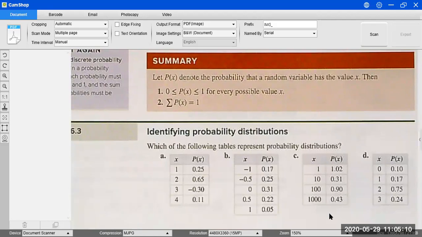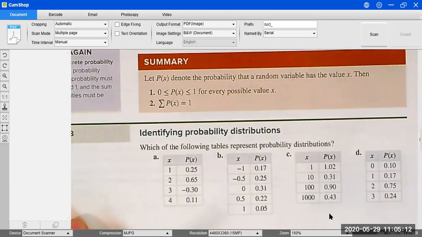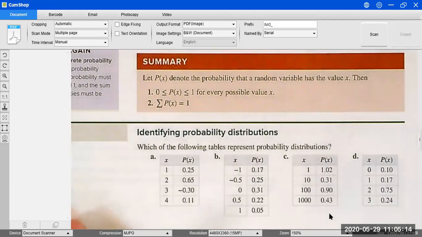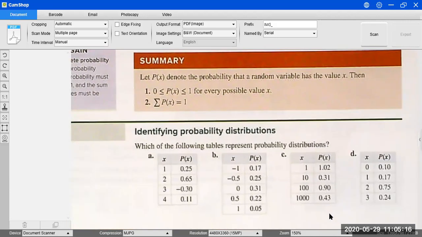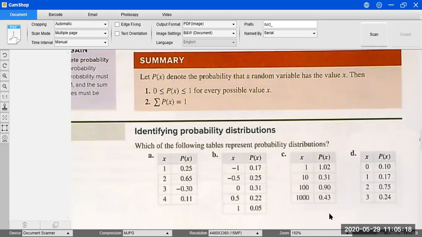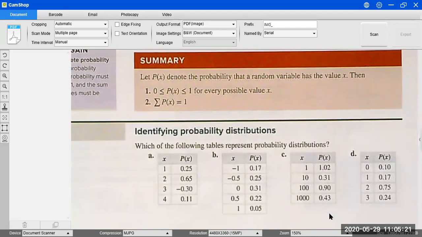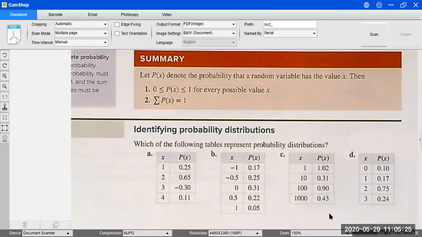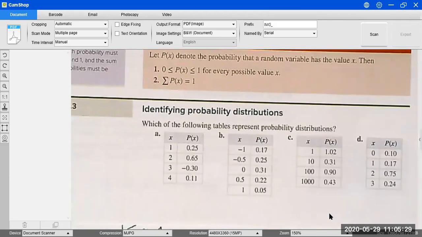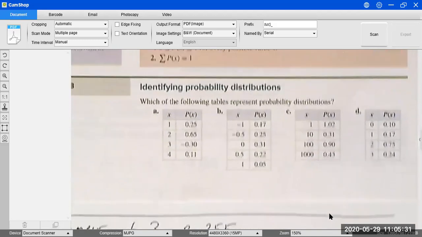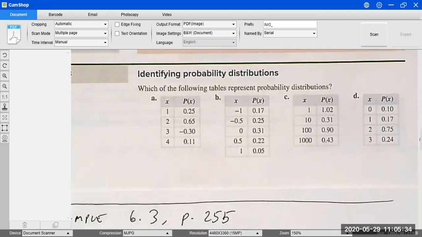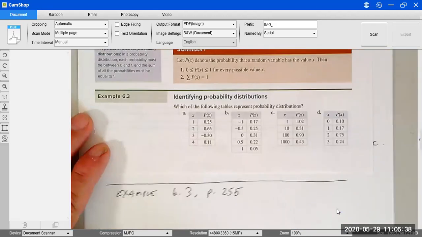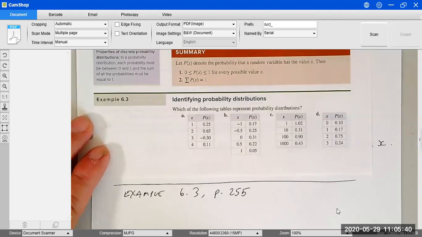We have different tables, and we need to identify the probability distribution. You have 4 tables, A, B, C, and D, and we want to know whether those tables are representing a probability distribution. So I'm going to write here the solution.